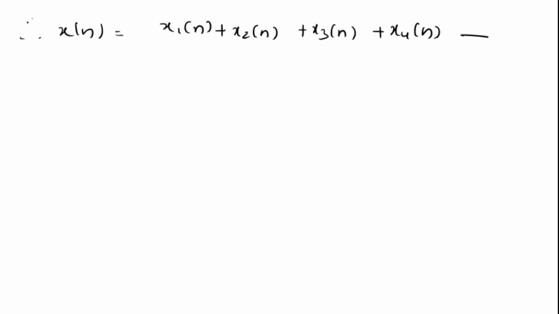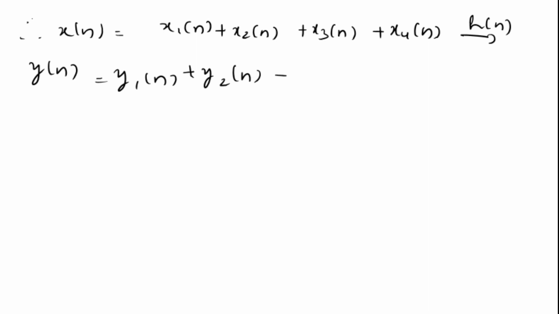Therefore, x of n is equal to x1 of n plus x2 of n plus x3 of n plus x4 of n. Convolution with h of n, we will get y of n is equal to y1 of n plus y2 of n plus y3 of n plus y4 of n.